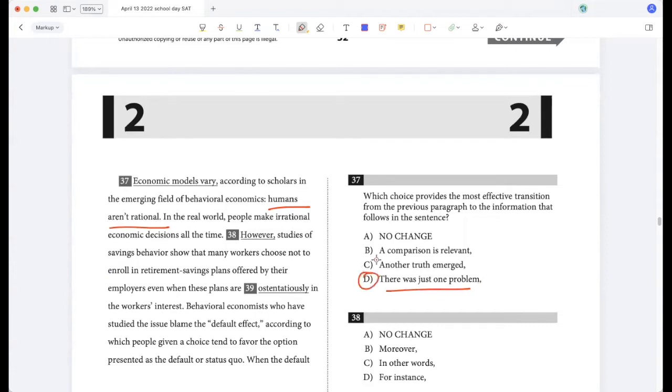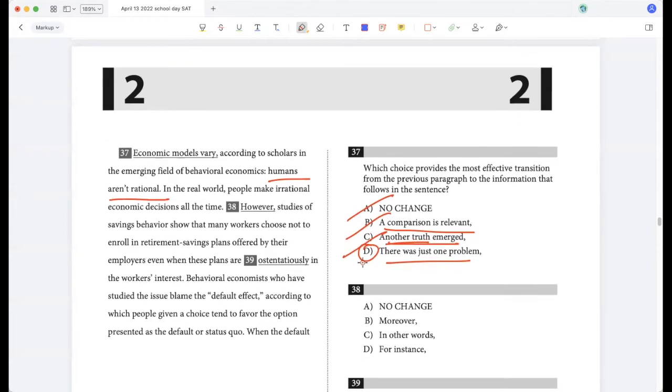So I like D. Economic models vary doesn't really convey the connection between the previous paragraph and this one. A comparison is relevant, again, doesn't make a precise comparison with the previous paragraph. And another truth emerged. Again, it's not a new truth, it's something which was always true, but it was acknowledged in economic behavioral studies now.